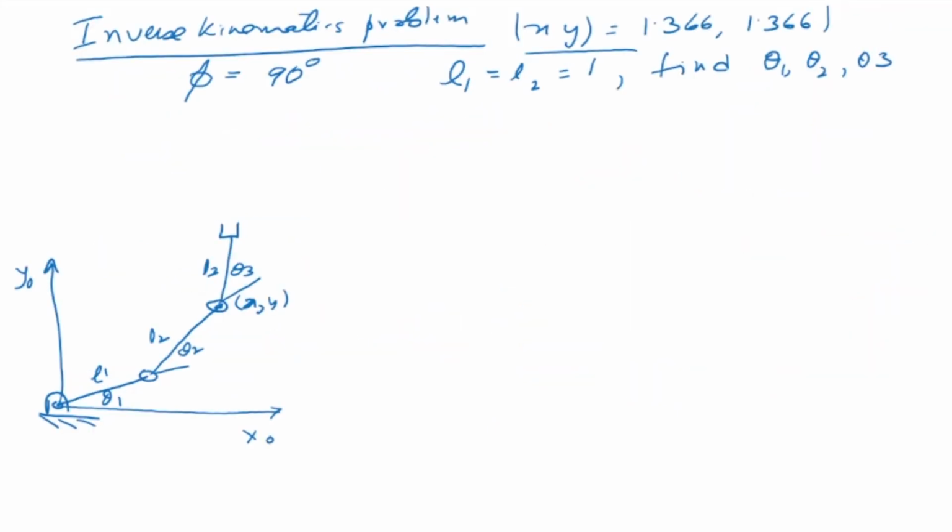So cos 2 is equal to 1.366 squared plus 1.366 squared, minus 1 squared minus 1 squared, divided by 2 into 1 into 1.